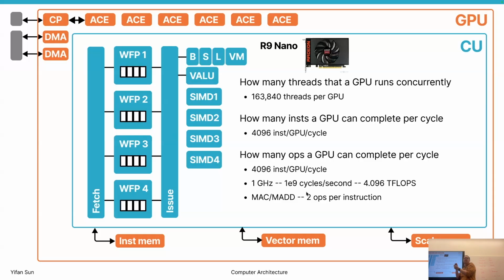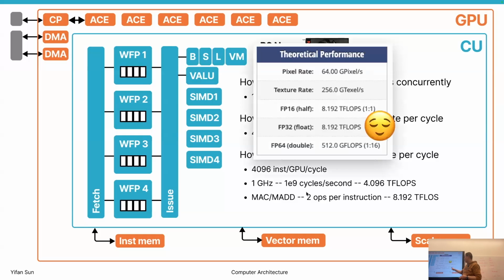And keep accumulating until you calculate the whole row, column multiplication. Then you get the final result. That's matrix multiplication. That counts as two floating point operations per instruction. That's eventually we get this number. Okay. So the power of R9 Nano GPU is 8.19 teraflops per second. FLOPS.